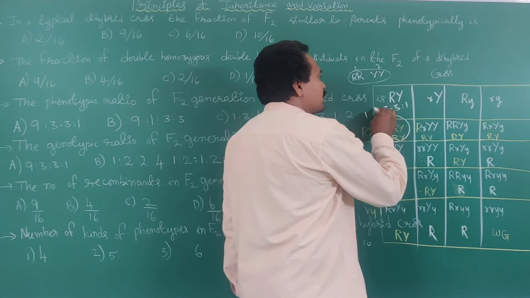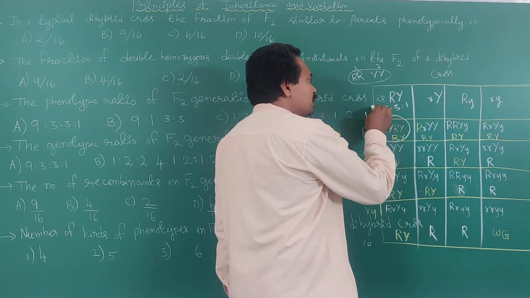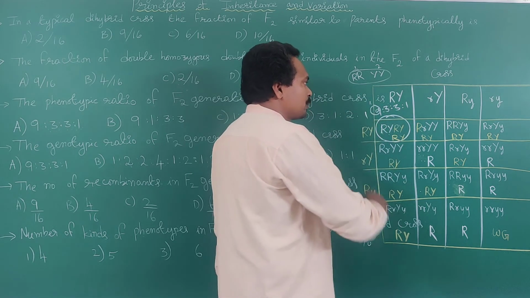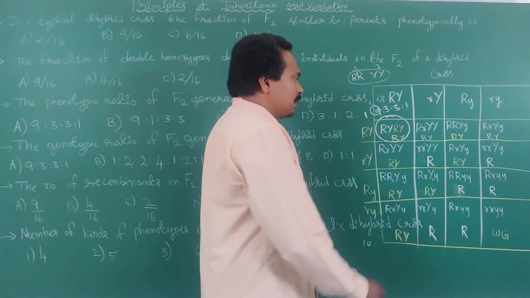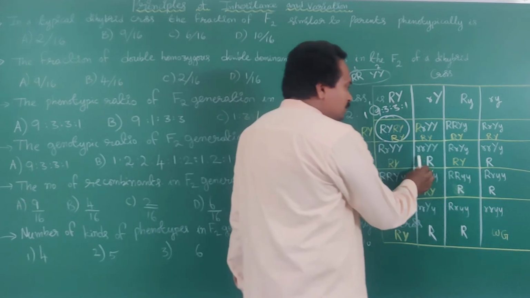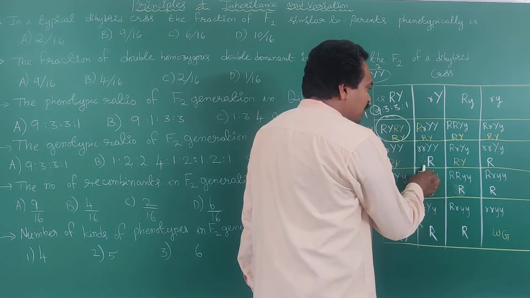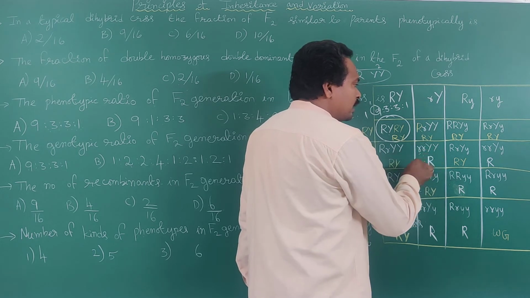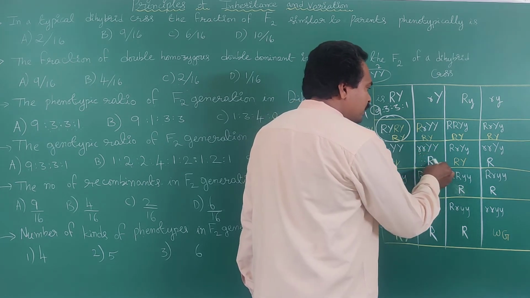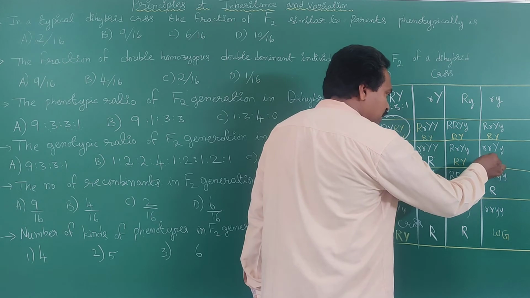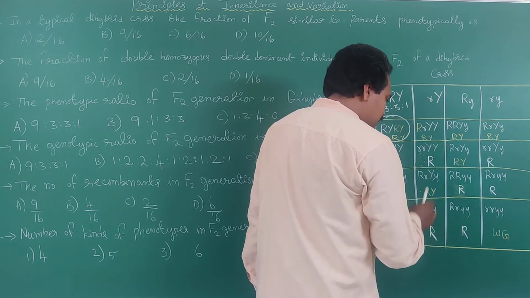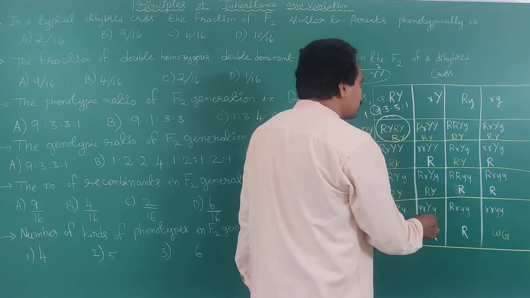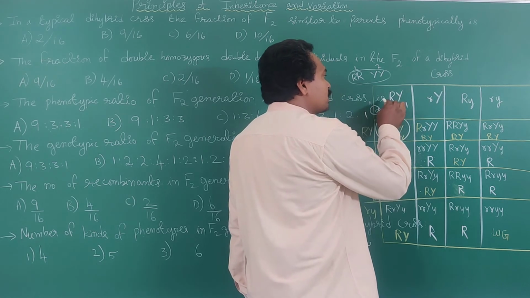One phenotype. 9 are there. All these 9 are the same phenotype. And next, the small r, capital Y. So this is a wrinkled yellow. How many are there? This is one wrinkled yellow, second one, and third. That is one phenotype.